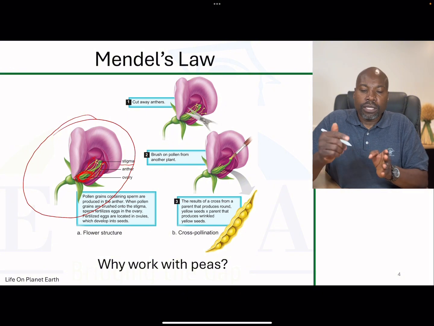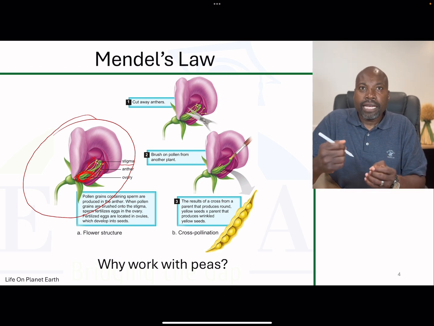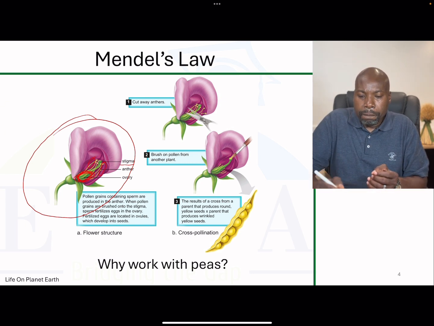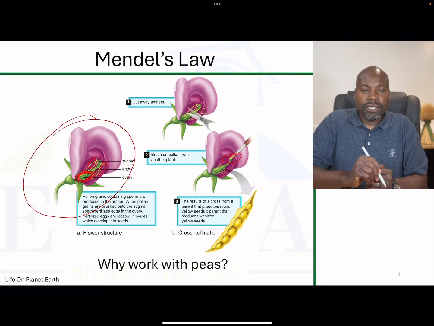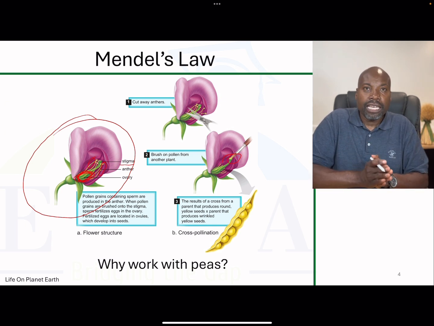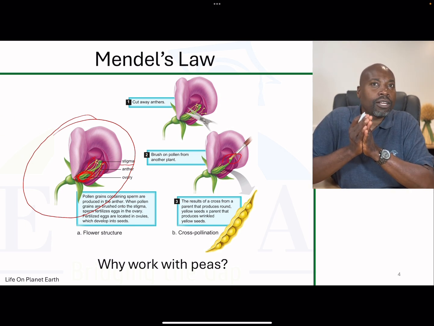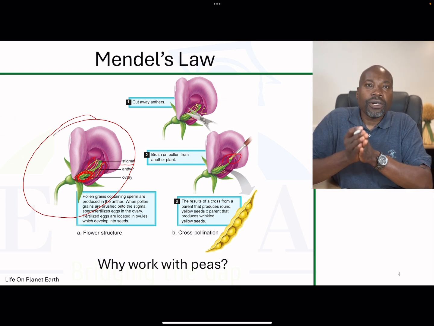He's going to take a brush and obtain pollen from one flower, and then apply pollen on the stigma from a different plant, so that intentionally he can look at, for instance, the color of the flowers.